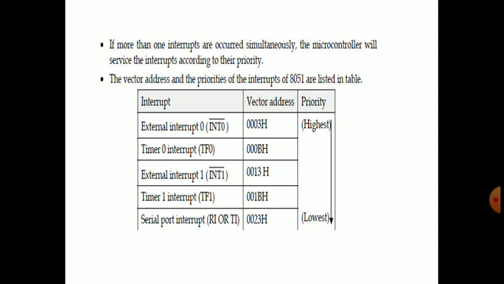If you see the difference between these vector addresses, B minus 3 gives 8. 13 minus B also gives 8. Is that correct? B means 11, and 11 minus 3 is 8. 13 means how much? 3 plus 8.